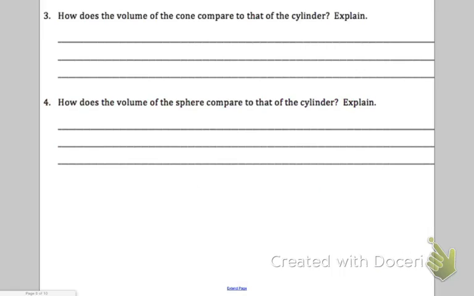Keeping those numbers in mind, we're going to answer the next two questions, and this is very important in comparing the formulas for the cone, the sphere, and the cylinder. Number 3 says, how does the volume of the cone compare to that of the cylinder? The volume of our cone was 2,094,395.10 feet cubed.